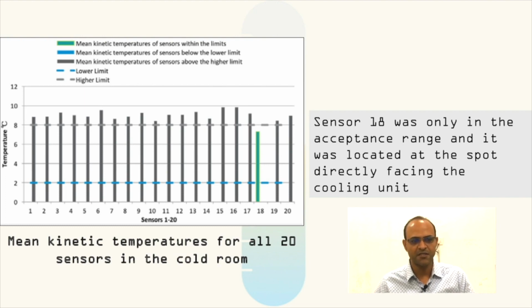It means these sensors are recording a temperature higher than the acceptable limit. Only sensor 18 is recording a temperature within the acceptable range. So I think this is another clear-cut depiction where temperature monitoring plays an important role to assure quality during storage.